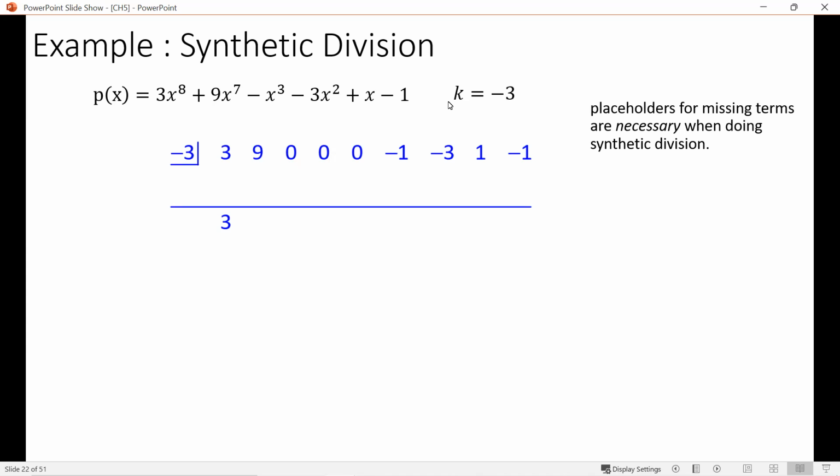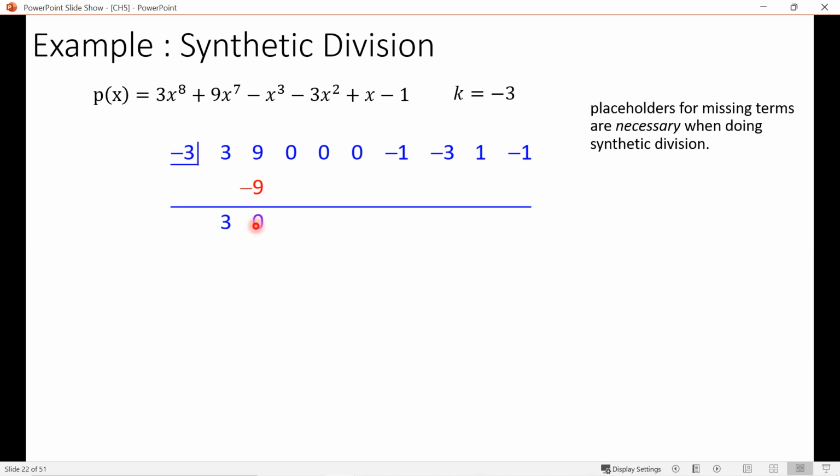Now we're going to divide this polynomial by x plus 3. The 0 is a negative 3. So we set up all the coefficients of these terms here. We drop that first term into the bottom row, and then we say negative 3 times 3 is negative 9. Add them together, we get 0.